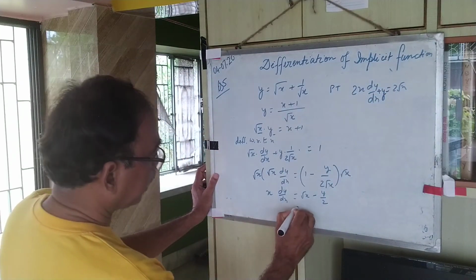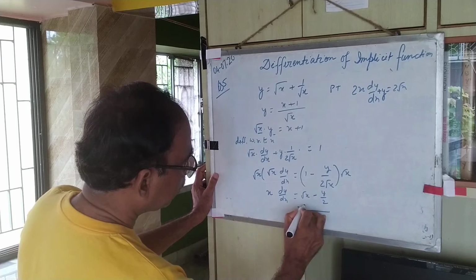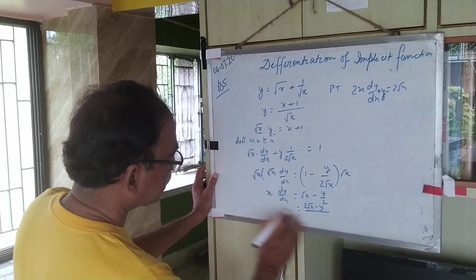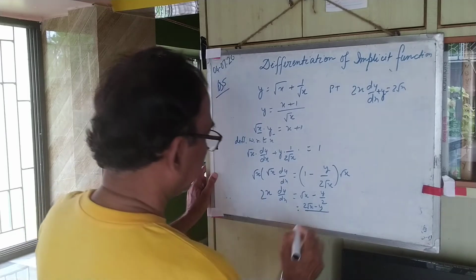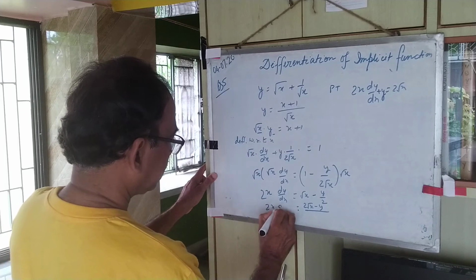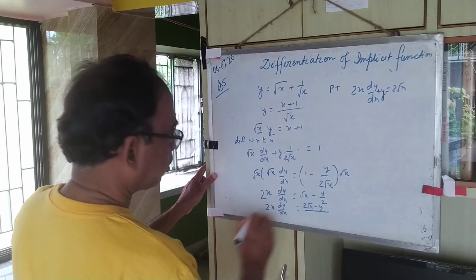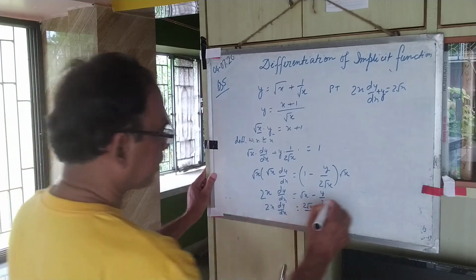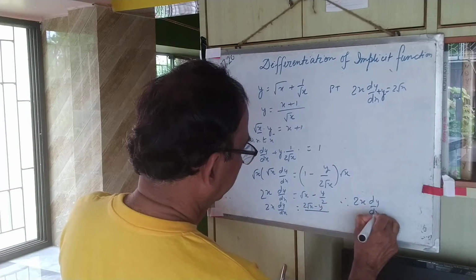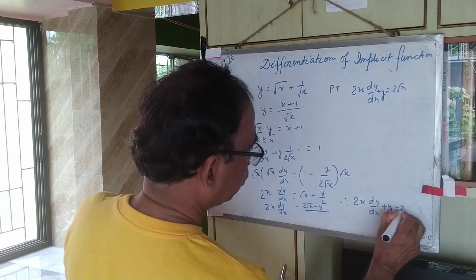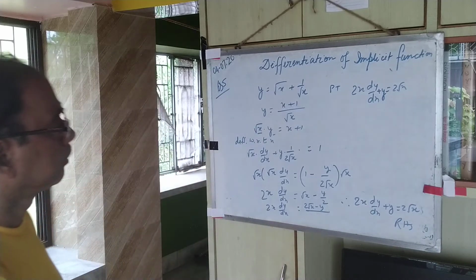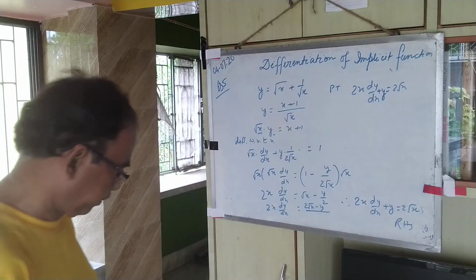So that equals, 2 is the LCM, 2 root x minus y. Then 2 is coming here: 2x dy by dx equals this. Therefore y comes to the left-hand side: 2x dy by dx plus y equals 2 root x, the right-hand side. It is proved.